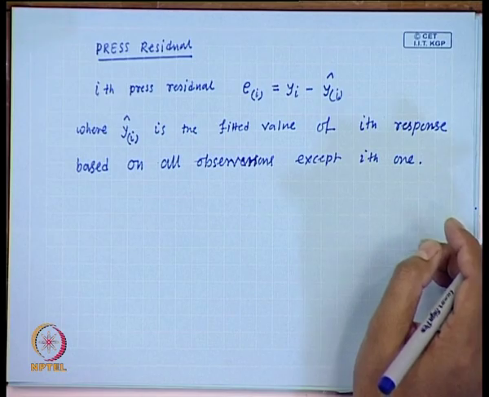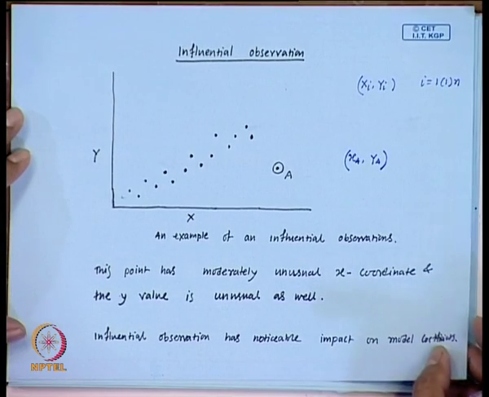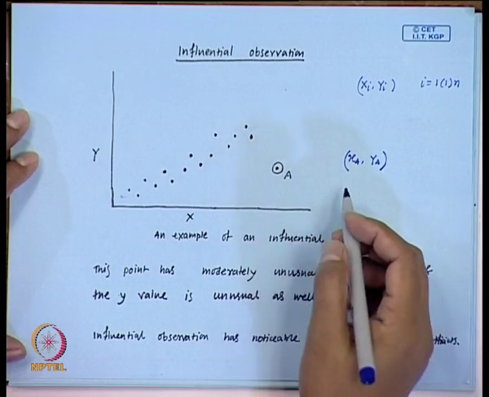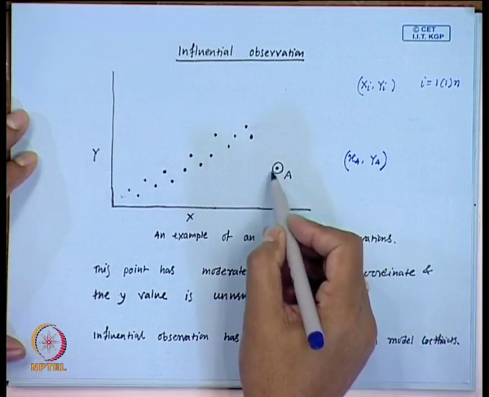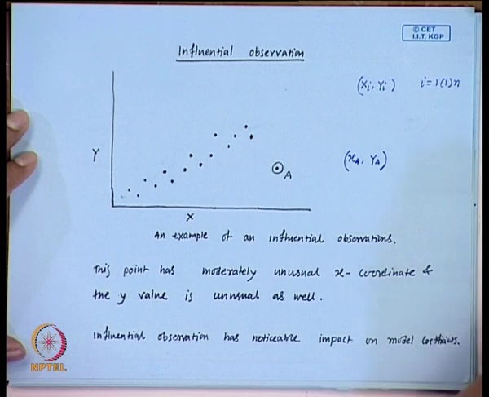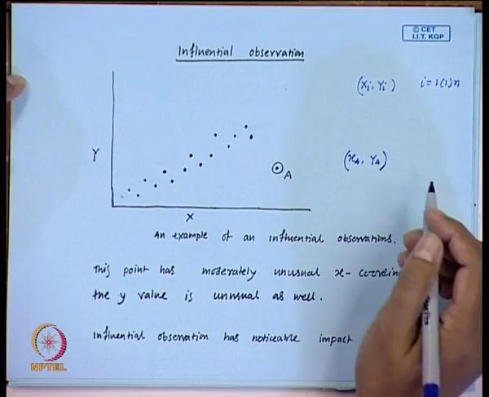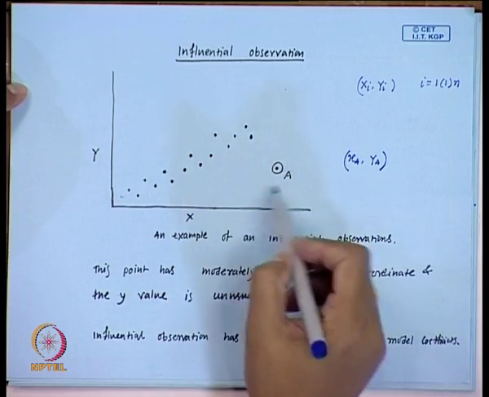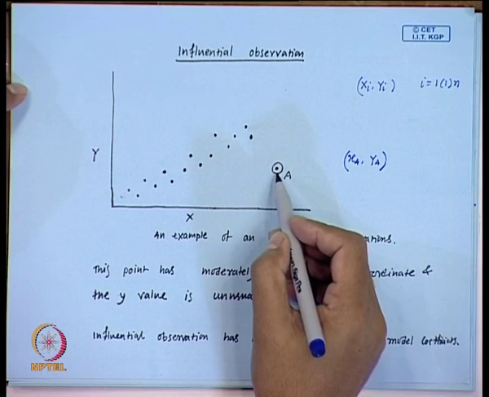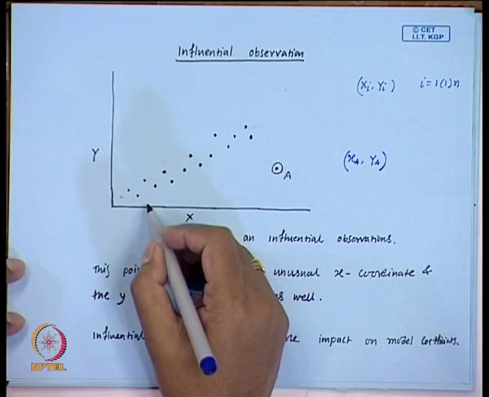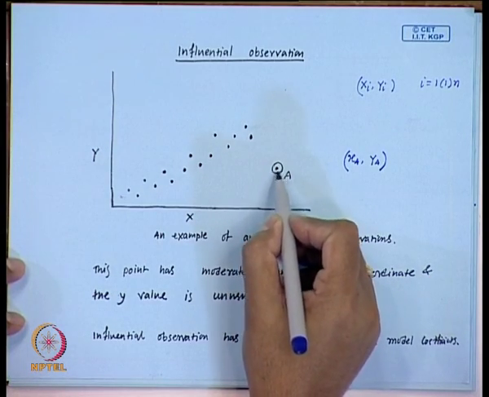Okay. Let me just give some idea about this special type of residual. I will refer to the previous example. This is an example of an influential observation. Now, if I fit a model based on all the observations here, including this influential observation also, my fitted model may get influenced by this influential observation.